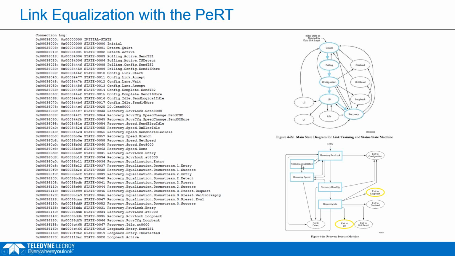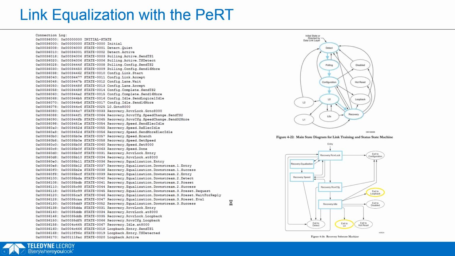And then even inside of the receiver equalization, if you remember I mentioned there's these 4 phases. You can see phase 0, 1, 2, and 3. So we're able to actually see exactly into the protocol where we are and where the device is and what's going on.